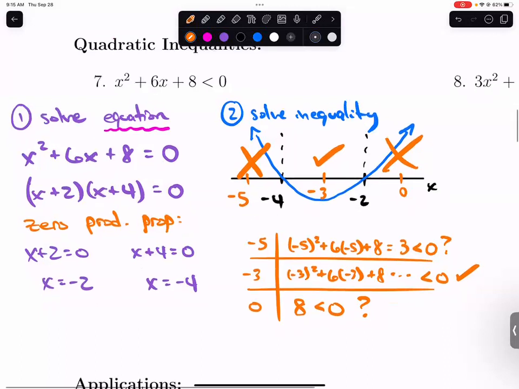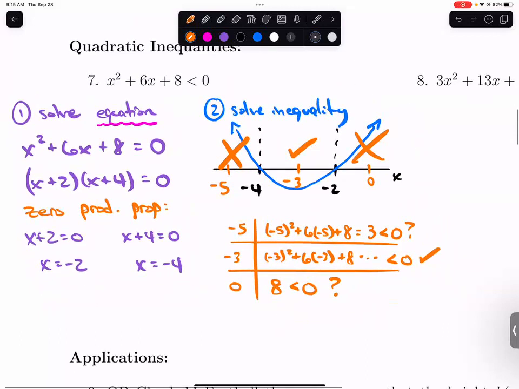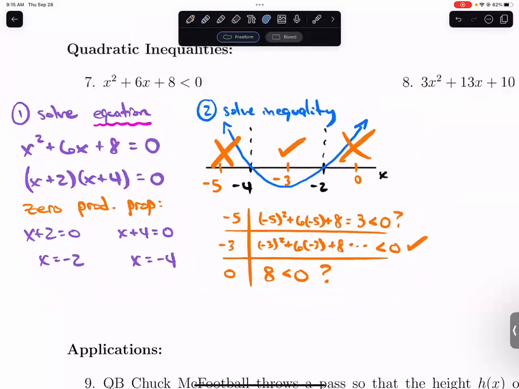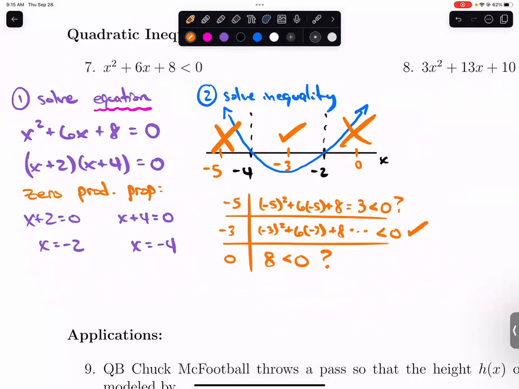Again, like the absolute value stuff, it's almost always going to kind of alternate, right? True, false, true, or false, true, false. But again, we want to actually think about and test all three intervals, because starting next week or so, it's not going to be true that things are always alternating like that, right? So we want to look for patterns, but we also want to be wary of patterns, right?